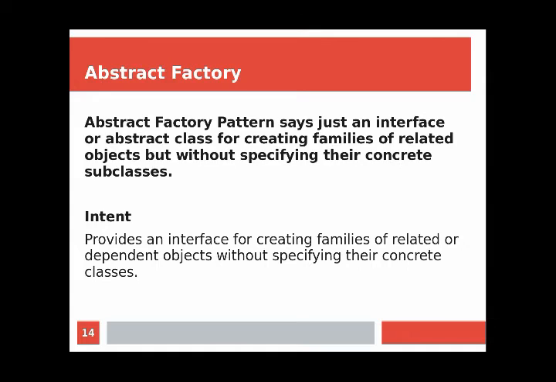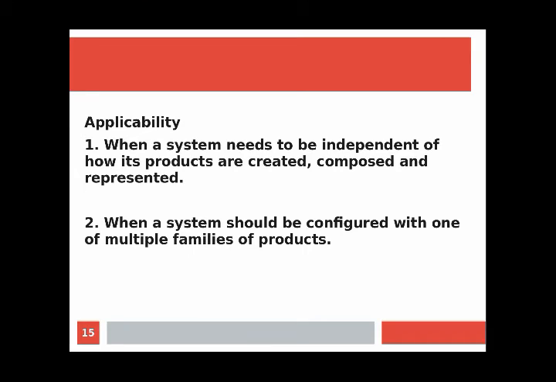Intent: provide an interface for creating families of related or dependent objects without specifying their concrete classes. Here, applicability. First, when a system needs to be independent of how its products are created, composed and represented. Second, when a system should be configured with one of multiple families of products.